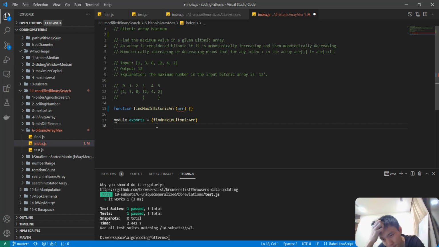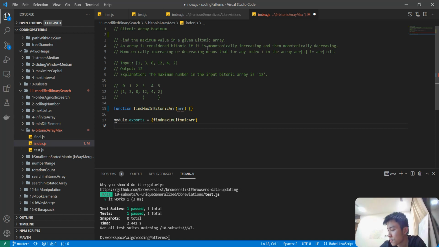Actually, even though there are two parts in this array, it still can be considered as a sorted array.